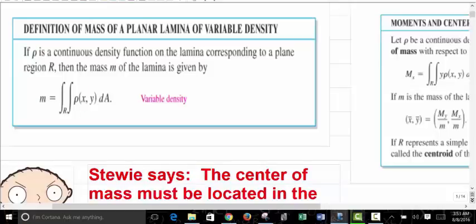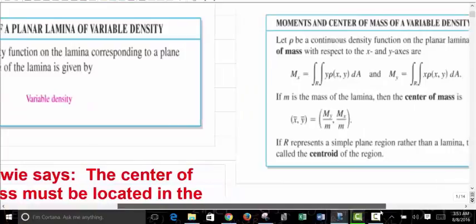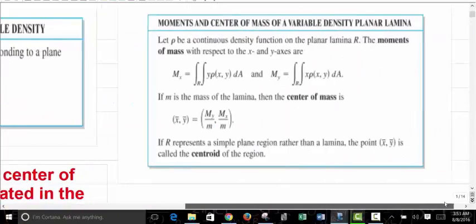That's a variable density. If it's a fixed density, it's probably just some physics formula.